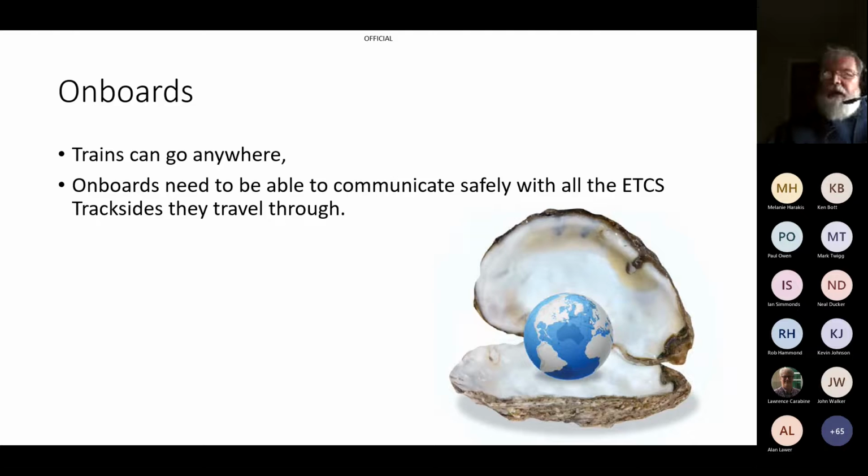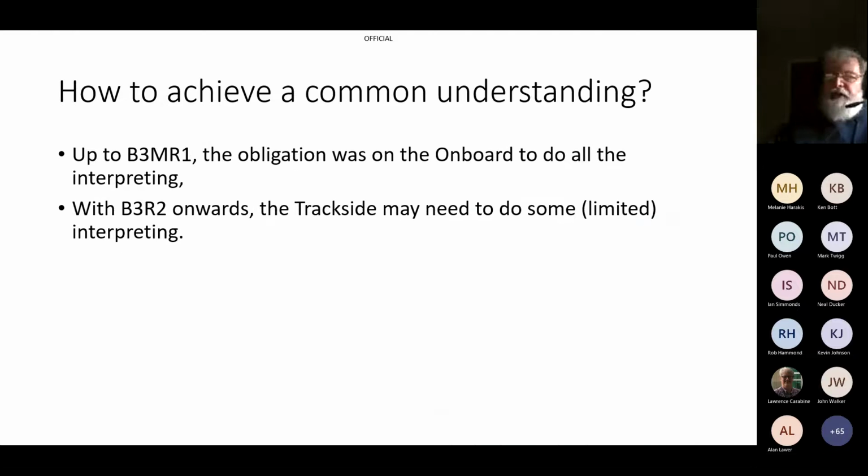So how do we get a common understanding? Well, as I just said, it is the onboard that moves around. And so up to baseline 3 maintenance release 1, the obligation was almost totally on the onboard to do the interpreting. The trackside just did what it did, and it was the onboard that had to listen to the trackside messages and then interpret them to apply to its own rules.